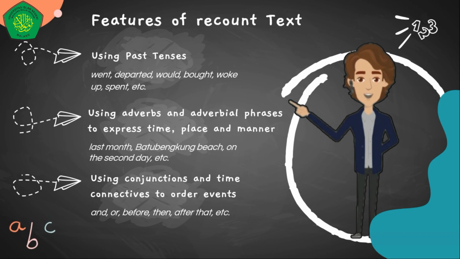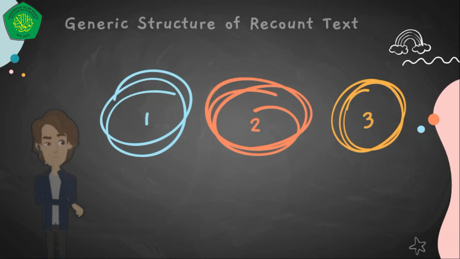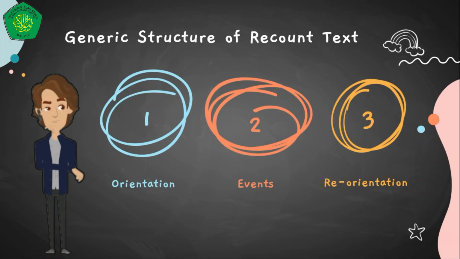Okay, let's continue to generic structure. There are three steps of generic structure in recount text. The first is orientation, the second is events, and then the third or the last is reorientation.